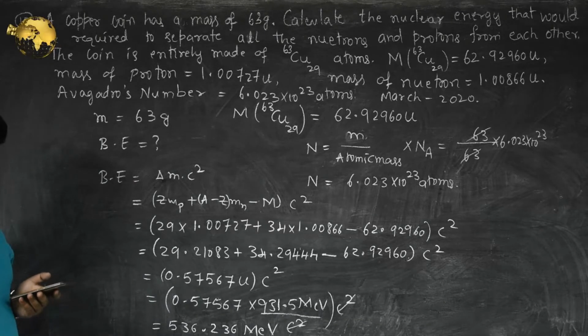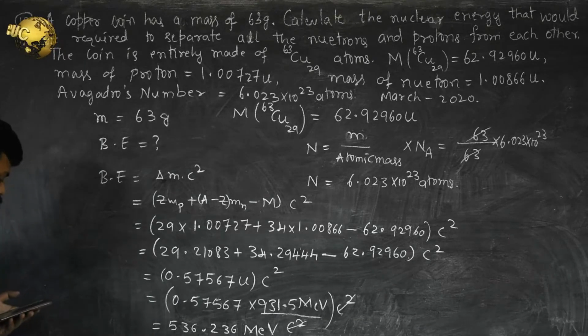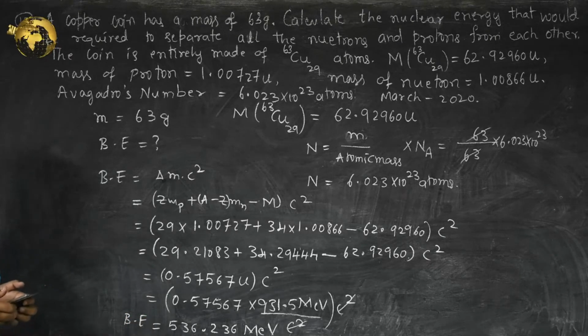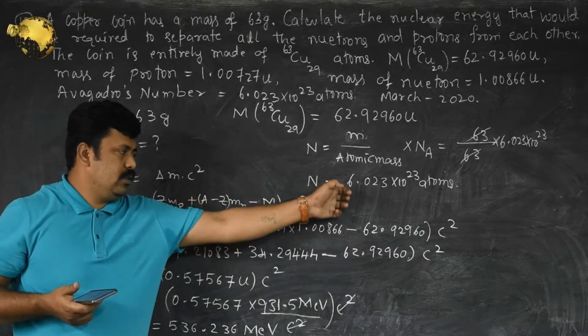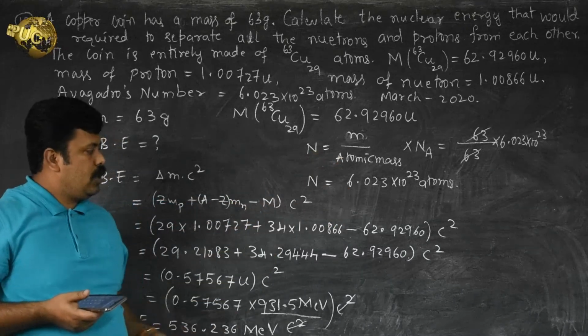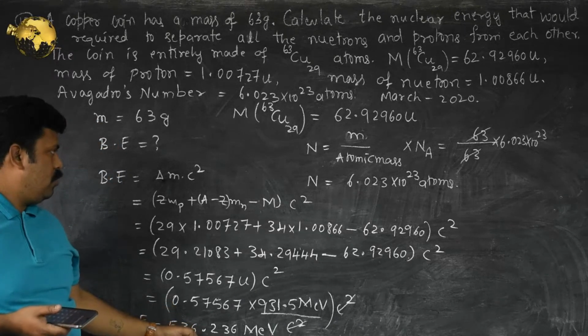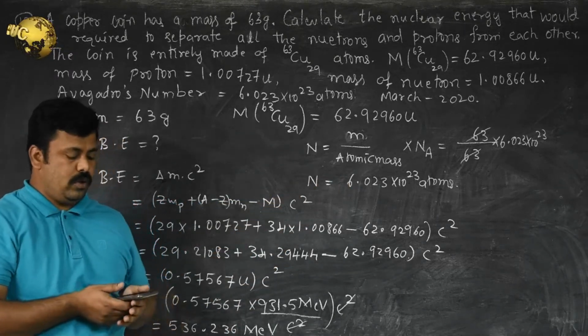So what else do we need to find out? This is the binding energy of one atom of copper. But the given mass has this many atoms. So the total binding energy will be this value multiplied by the number of atoms.